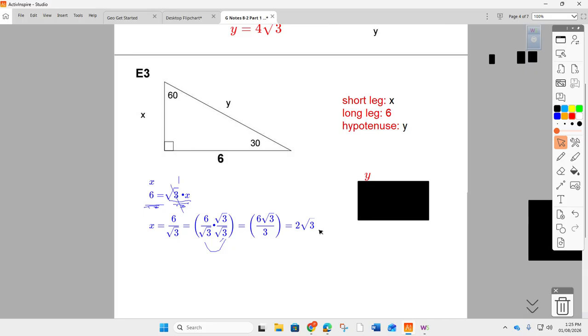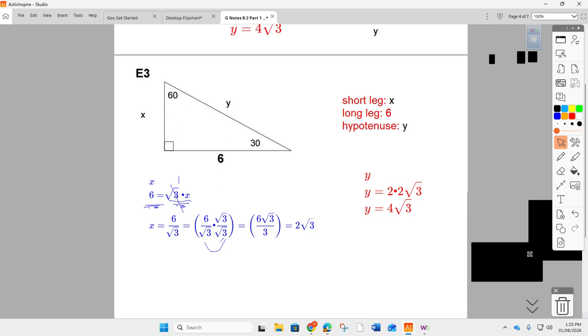That's 2 times 1.71 something, right? But we're giving the exact answer by giving it as a square root. Now, the hypotenuse is always 2 times the short leg. So 2 times the short leg is 2 times that coefficient, so it simplifies to 4 square root 3.